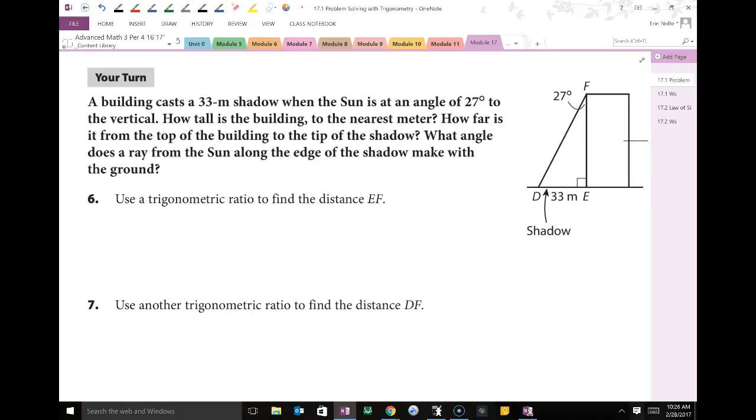If I have a right angle and 27 degrees, we can easily find angle D: 180 minus 90 minus 27, which is 63 degrees. Since we are finding an angle, make sure you label it as a degree. That's how I know if you are finding an angle or a side.